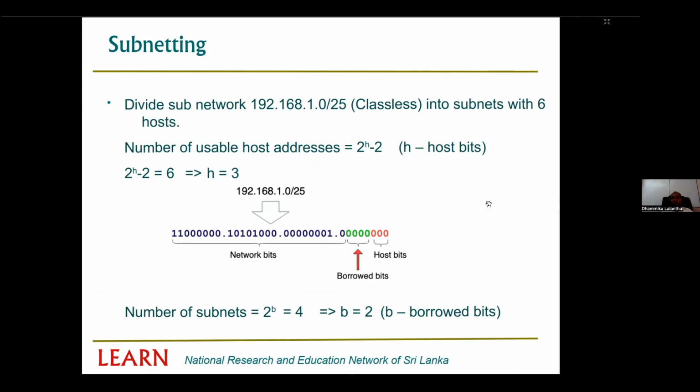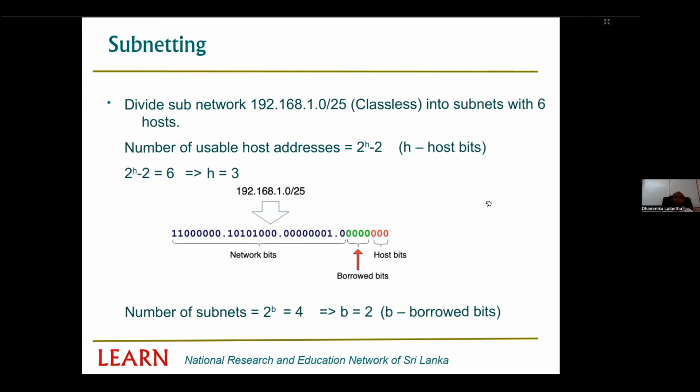In the next example, we are doing it the other way around, where we are given a subnetwork, 192.168.1.0/25, which is a classless one. If it were classful, it would have a 24 prefix length. Since it is not a 24 prefix length, we call it a classless network.